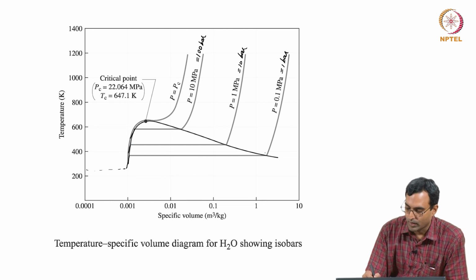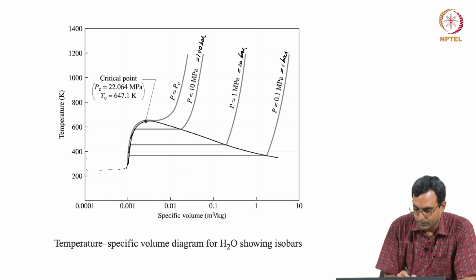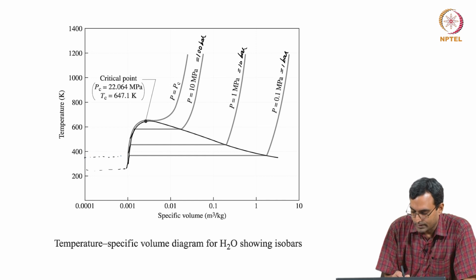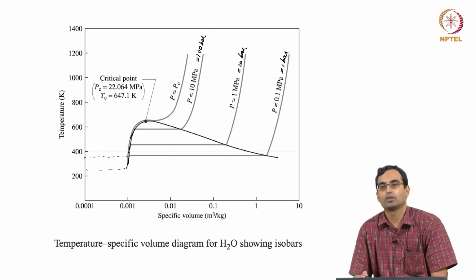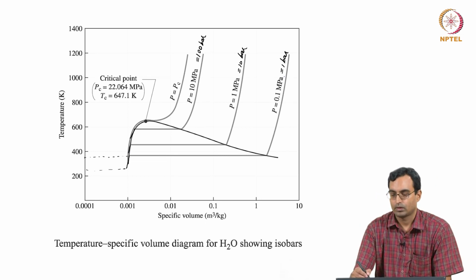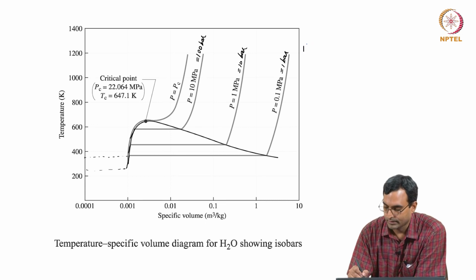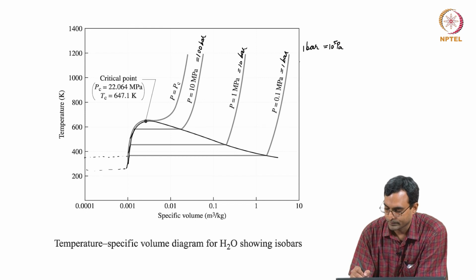So, for example at 0.1 megapascal, which is 1 bar, my boiling point is close to 100 degrees centigrade. We will see that it is not really 100. It is very close to 100 at 1 atmosphere. At 1 bar, it is a little less, because 1 bar is 10 power 5 pascal. 1 atmosphere is essentially 1.01325 into 10 power 5 pascal.